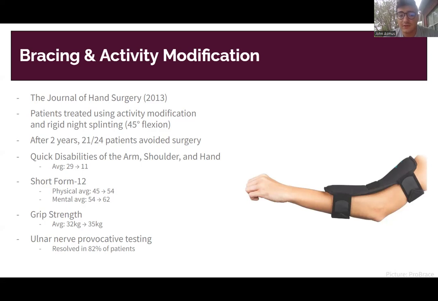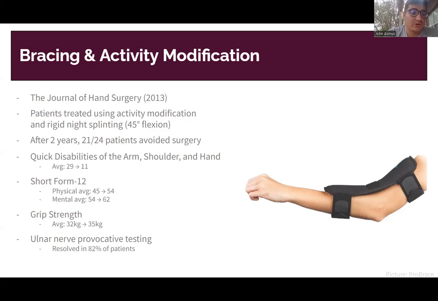The higher the score, the better. And the mental part, showing their stigma around the symptoms they're feeling, improved from 54 to 62. So that's showing they're in a better headspace afterwards, feeling better. And grip strength increased by 3 kilograms on average. That may not sound like a lot, but 3 kilograms of grip strength, that's a lot.